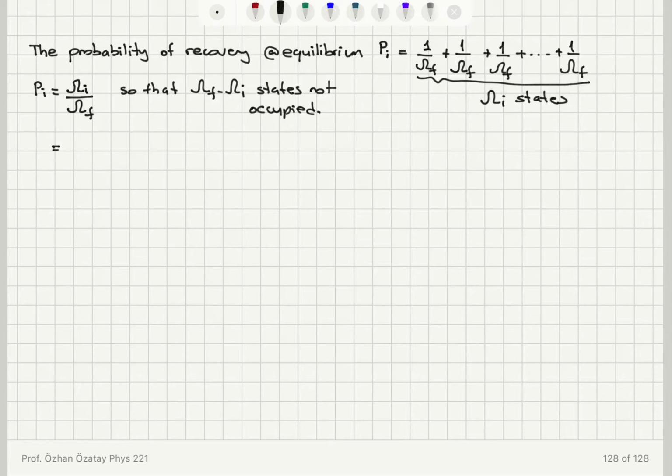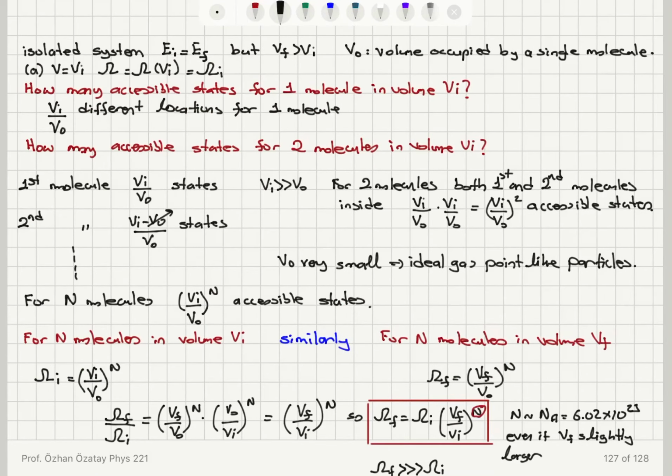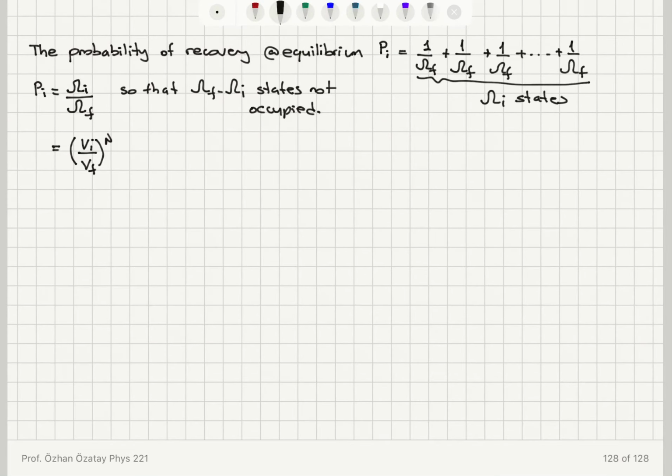It is V initial divided by V final to the power n, because omega initial is V initial over V0 to n, and omega final is V final over V0 to n.